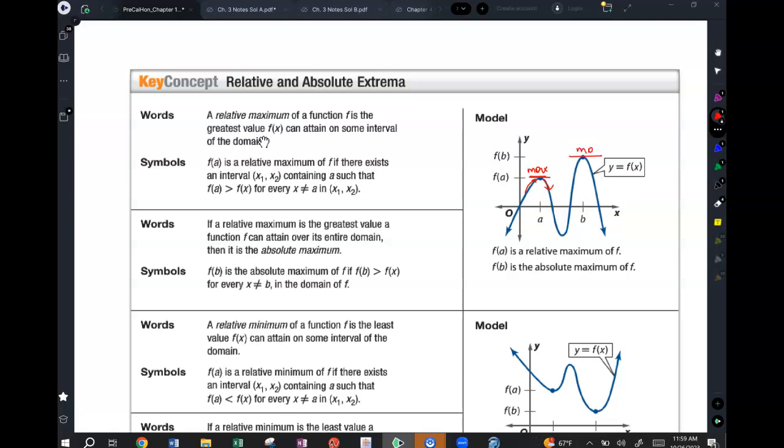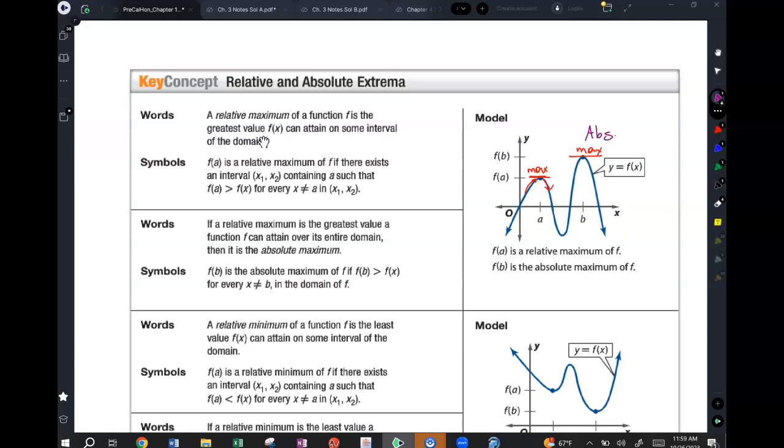This is another maximum. If one of those maxima also happen to be the very, very highest point that the graph ever reaches in its entire lifetime, it's also called an absolute maximum. Okay? It's an absolute maximum.